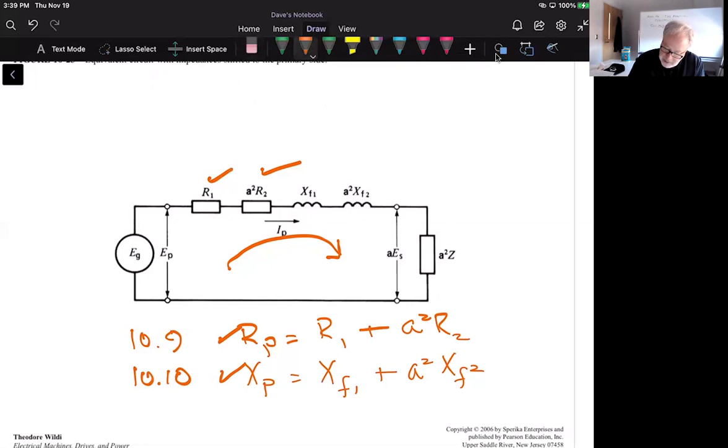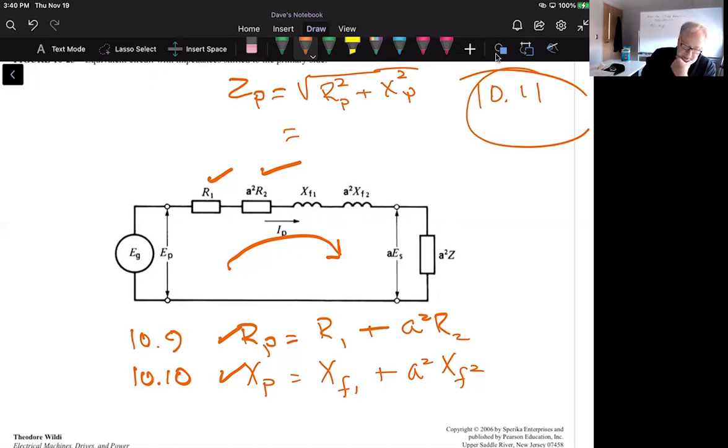Or a better way to write that is the total transformer impedance Z sub P is equal to the square root of R sub P squared plus X sub P squared, and that is our equation 10-11. Okay, Z sub P is one of the most important parameters of any transformer. It produces an internal voltage drop when the transformer is loaded.